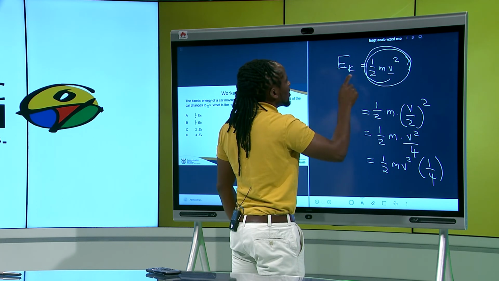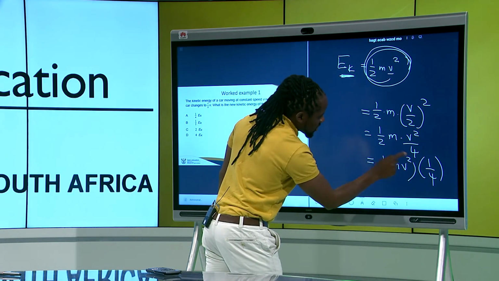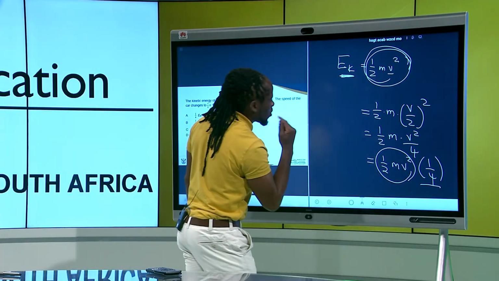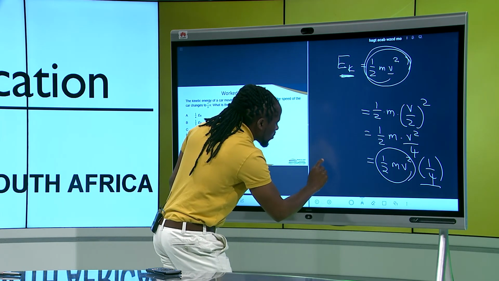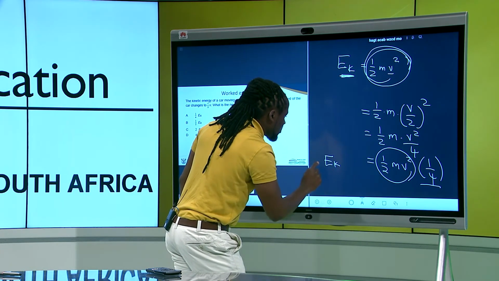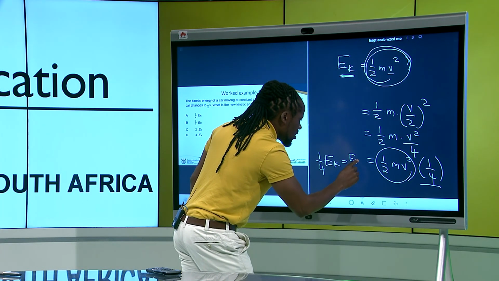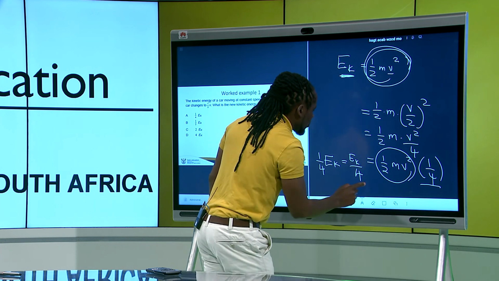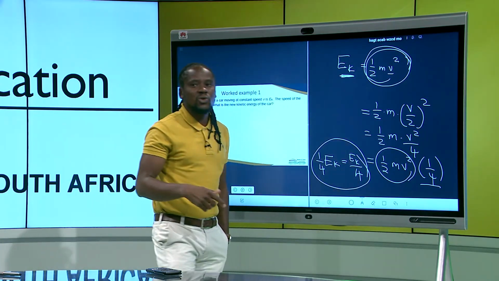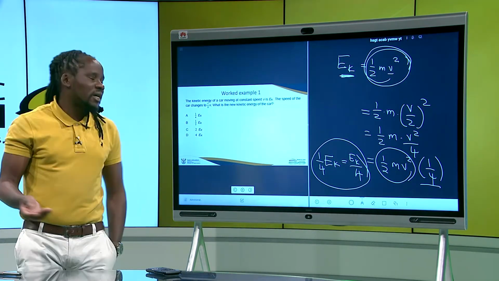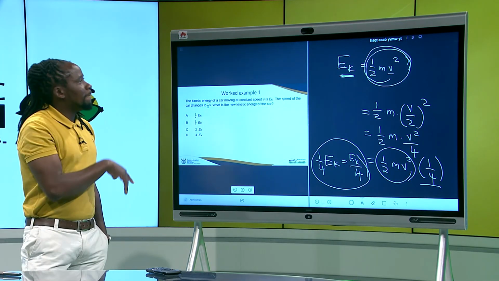Half mv squared is equal to EK. Now, that's our EK multiplied by a quarter. So our new kinetic energy will be equal to EK multiplied by 1/4, or in other words, EK over 4.